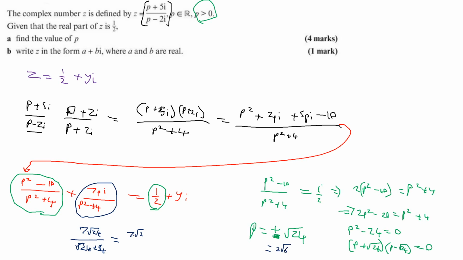Okay, so there's actually 14 root 6 over 28, which is equal to root 6 over 2. So therefore, z is equal to a half plus root 6 over 2i. I'll put it up here again in case you can't see. Yeah? Why? Because all we're doing is comparing the like terms and we're using the complex conjugate.